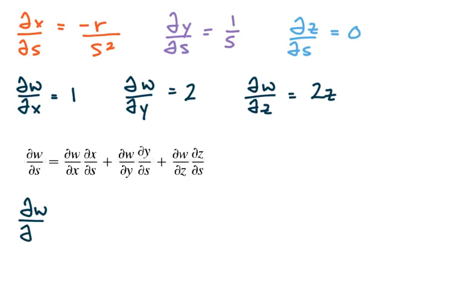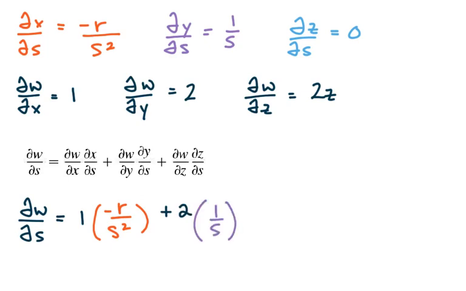So partial W, partial S, is we have 1 times negative R over S squared plus 2 times 1 over S plus 2Z times 0.